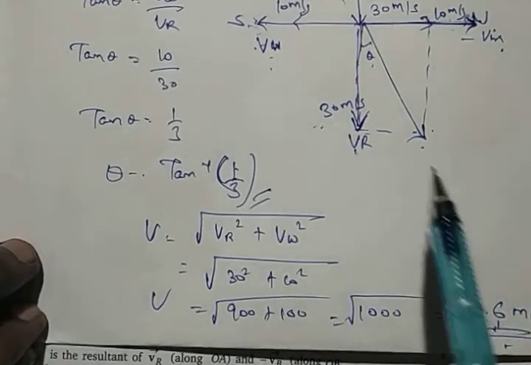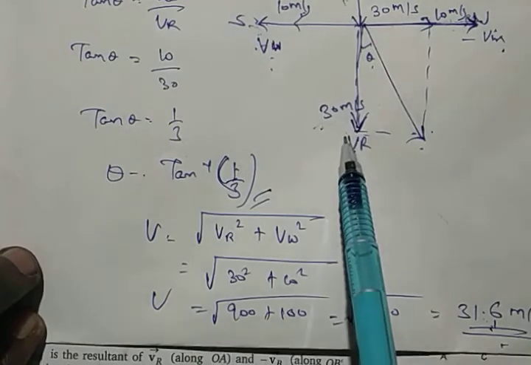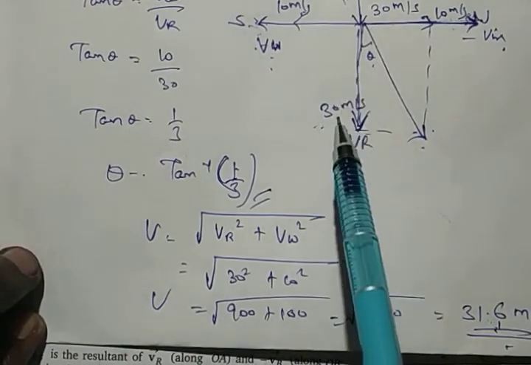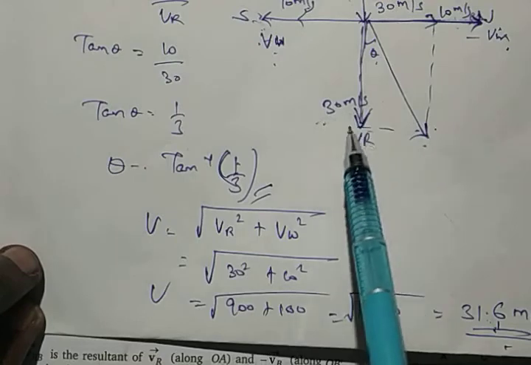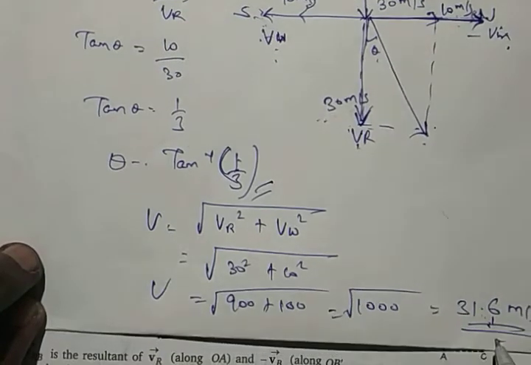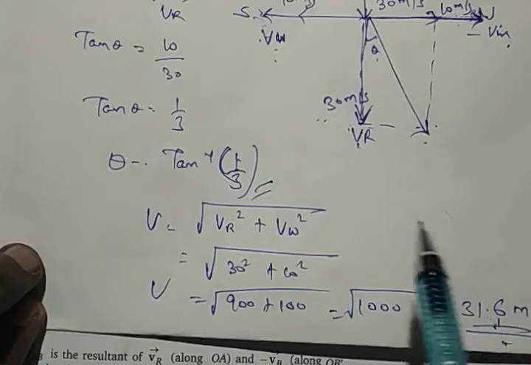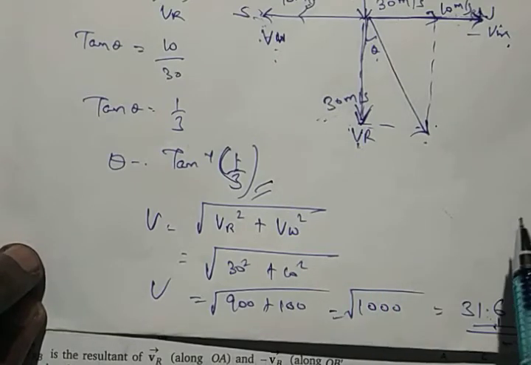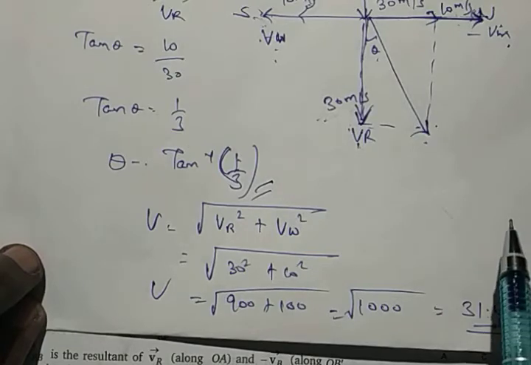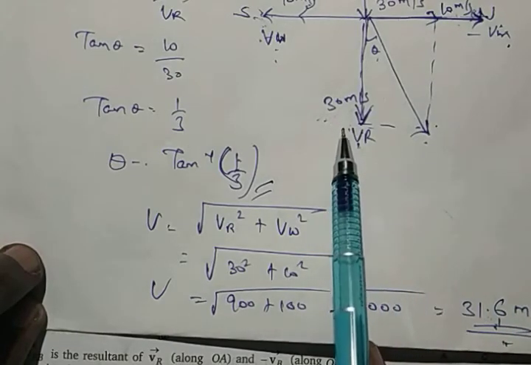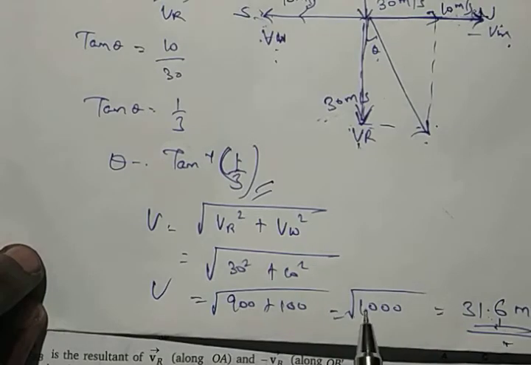Even though the rain is not actually so heavy, according to the relative velocity principle, you will receive heavy rain because you are going at a higher speed. So it is advisable whenever it rains, don't go at a high speed. Lower your speed. You will experience much lesser intensity of the rain's velocity.